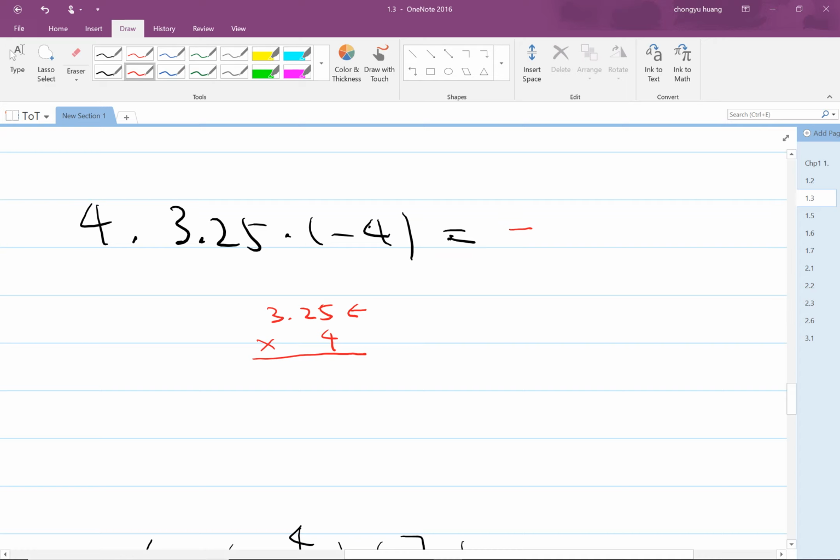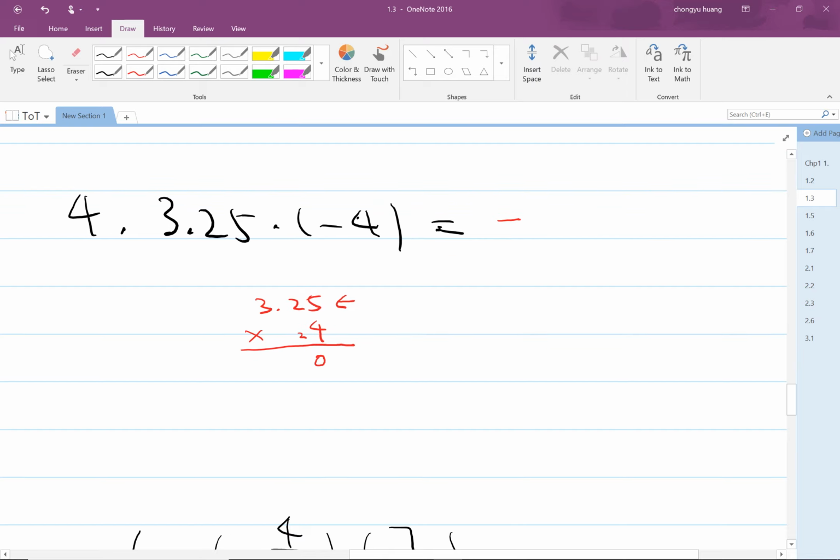So here we have 4 multiplied by 5, which is 20. You put down the 0 and carry the 2. Then 4 multiplied by 2 is 8, and 8 plus 2 is 10. So you put down the 0 and carry the 1.